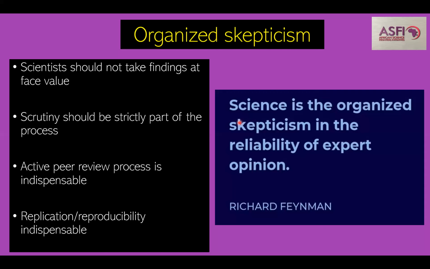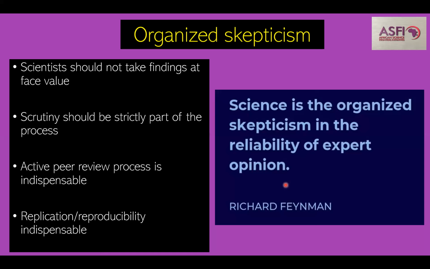So through this scrutiny, active peer review is indispensable. Replication and reproducibility initiatives are indispensable. And so echoing what Robert was saying, Richard Feynman highlighted that science is the organized skepticism in the reliability of expert opinion.